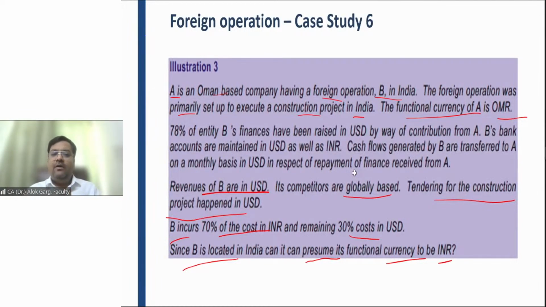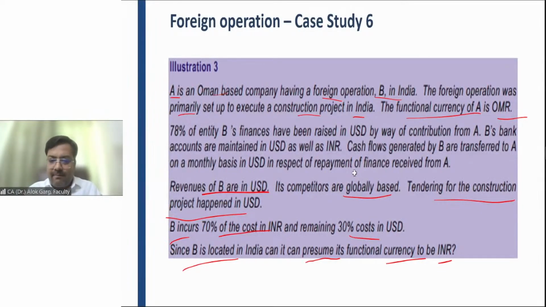So for a foreign operation, whatever conditions I have told you, these 4 conditions should all be satisfied. If the 4 conditions are not satisfied, it means the foreign operation will be considered as a separate entity, and the functional currency of the foreign operation needs to be determined. Right?